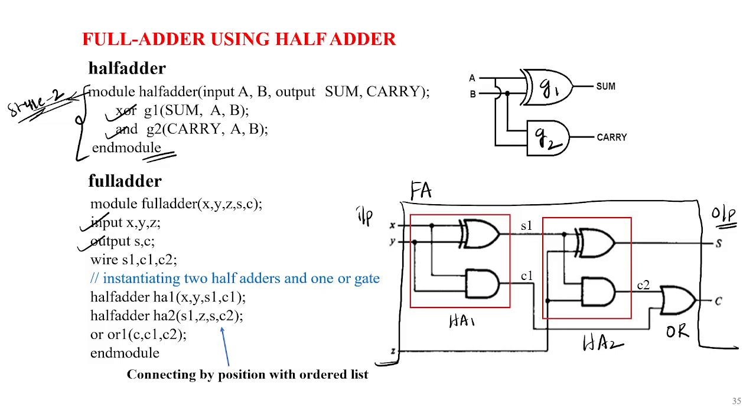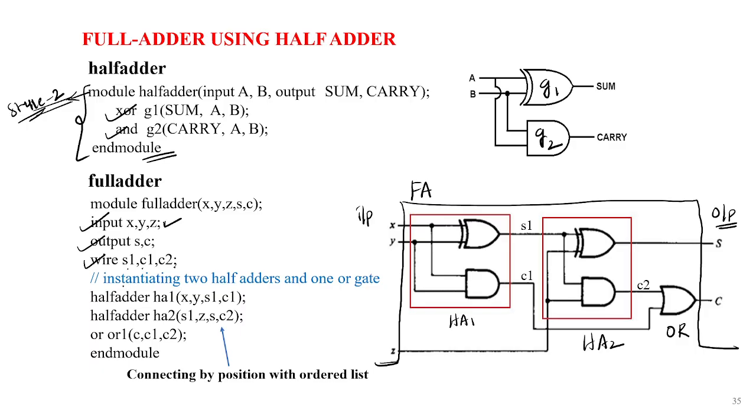These are nothing but wires, so I need to declare them with wire: wire S1, C1, C2. Normally if you do not declare any data type, it takes wire as the default data type. If you want to declare reg, you need to declare it separately. So input X, Y, Z is by default wire data type only.